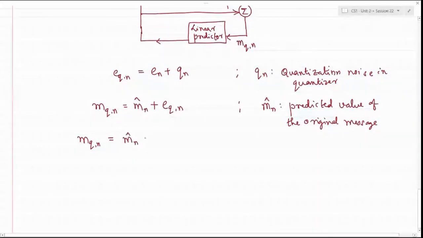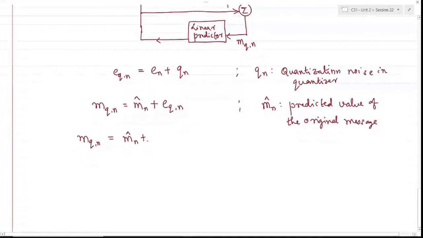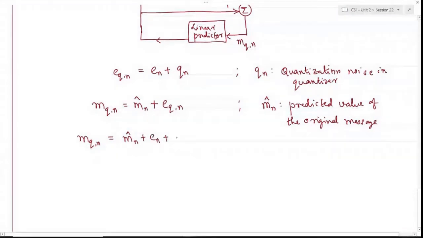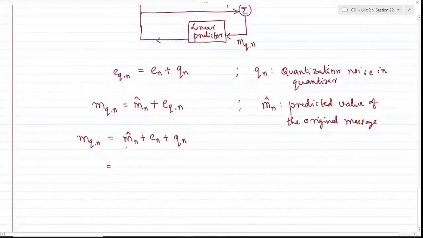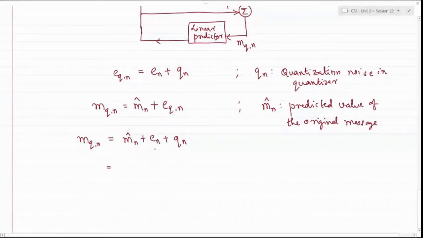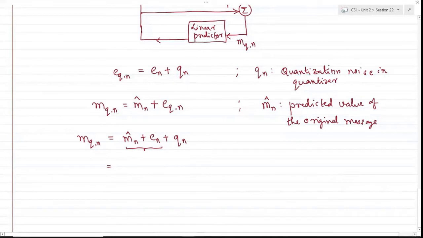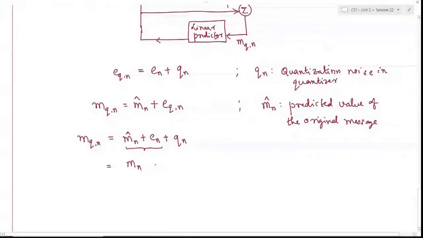And obviously, m_n cap is replaced, where e_q,n can be taken from the previous equation, which is the error in the prediction and the quantization noise. And as you know, with the linear prediction theory, the summation of the prediction and the error involved is nothing but your original message signal itself, or the sample itself, plus q_n.